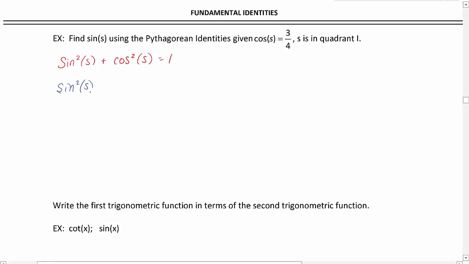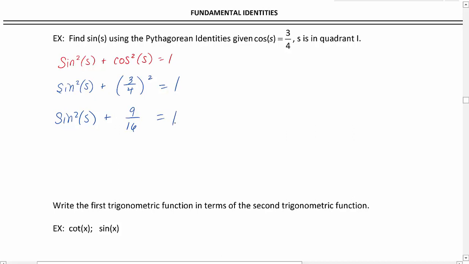Sine squared s plus, remember that cosine squared of s is the same as cosine of s squared. So this becomes 3/4 squared equals 1. Sine squared s plus 9/16 equals 1.